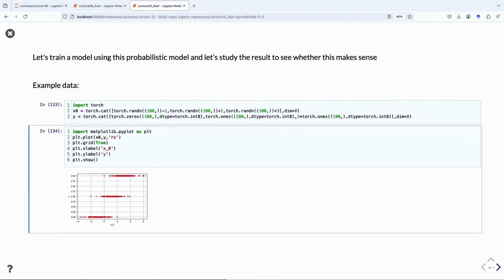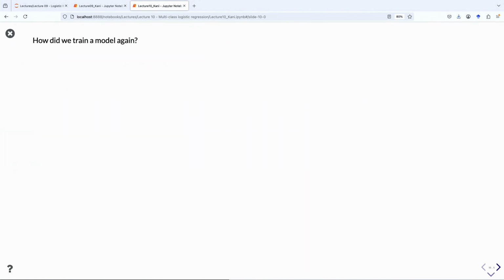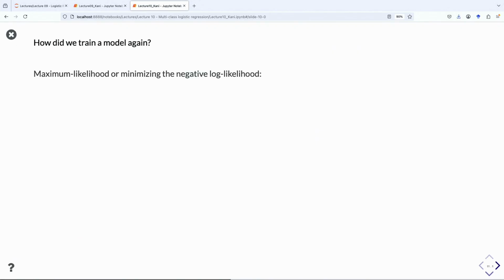To do that, we train our classifier. We have a maximum likelihood or negative log likelihood function, namely the loss is equal to the negative log of the probability.